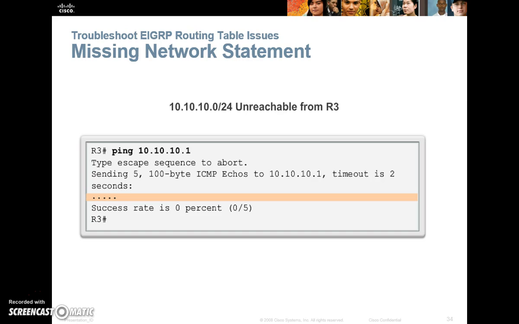Missing network command. This is one common problem. If this router has a few networks, say 3 networks, make sure you have network commands for these 3 directly connected networks. If you forgot to put one particular network, or you configured the network wrongly in the network commands, then you will not be able to reach that particular network.